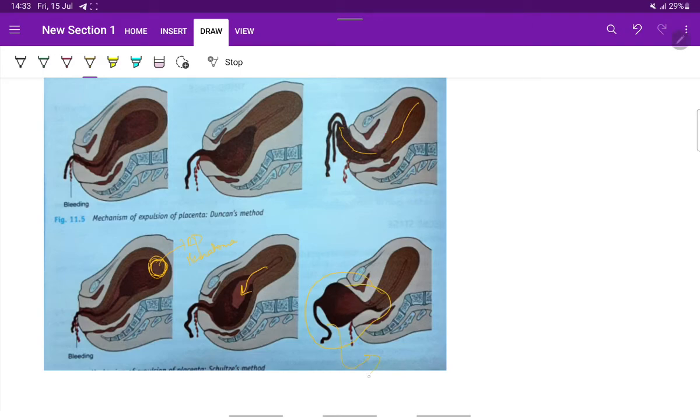So, here the fetal surface comes out, whereas in Duncan's method, the mother's surface of the placenta comes out through the vaginal outlet. And in Duncan's method, the placenta separates at its periphery, whereas in the Schultz method, it separates at the center.